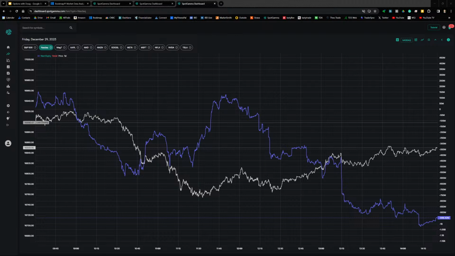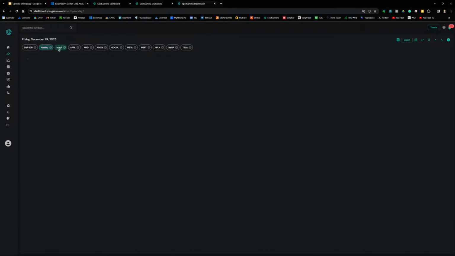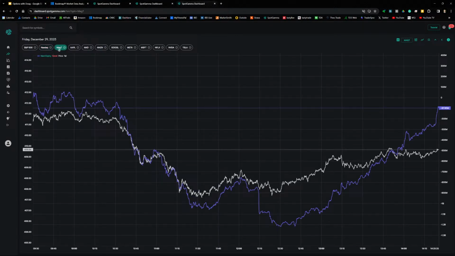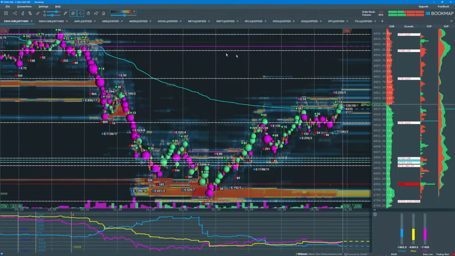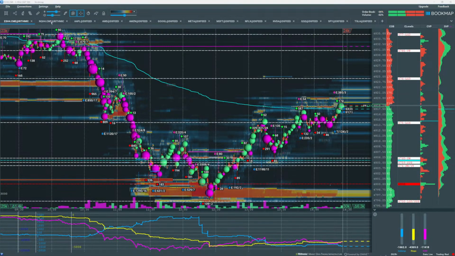And let's just get the total picture, look at the Mag 7. And that is bullish. Starting around 12:30, traders started taking positive delta positions in the Mag 7. All right, so let's go take a look at NQ. Back to Bookmap.